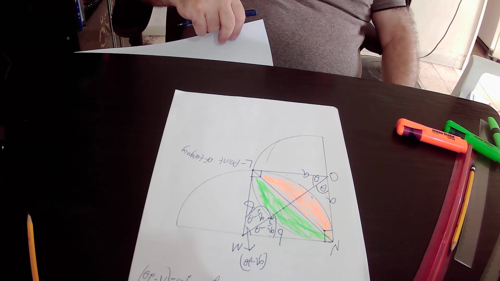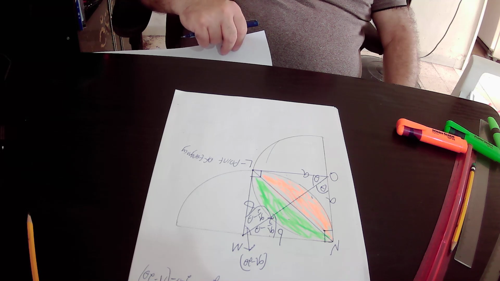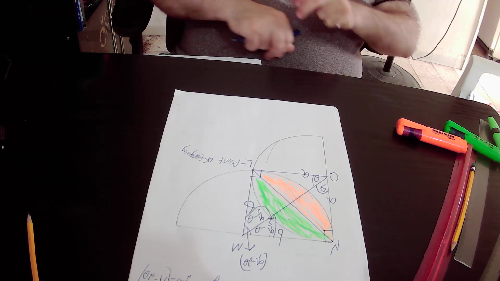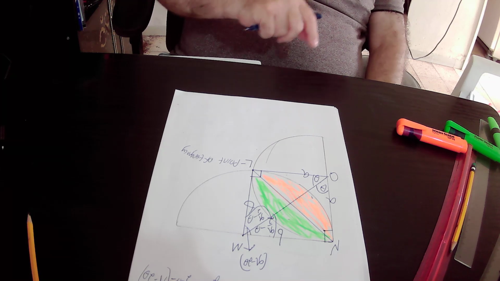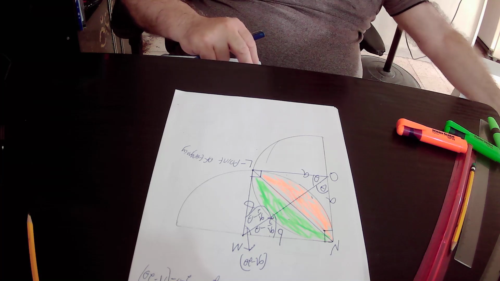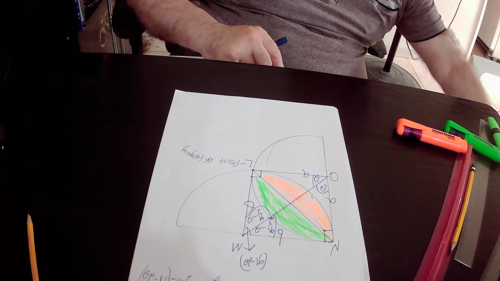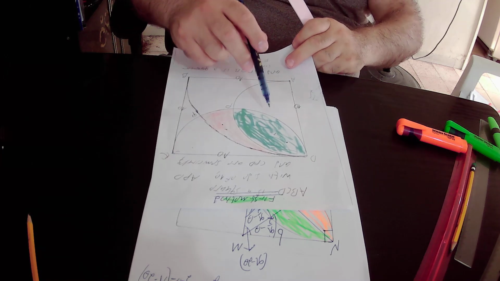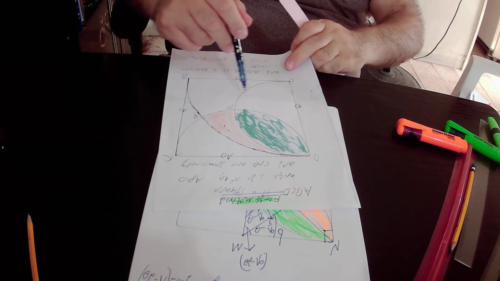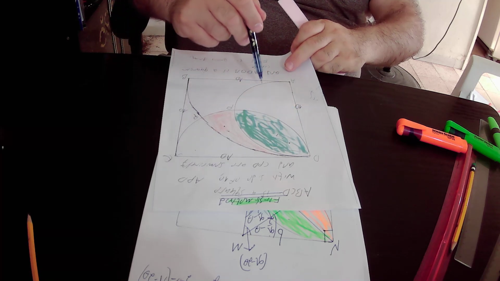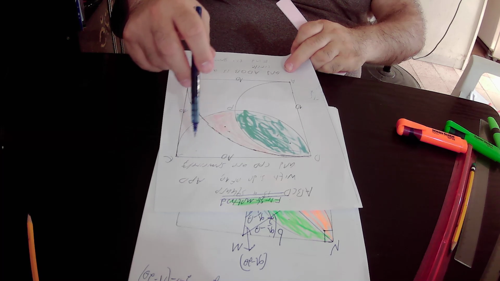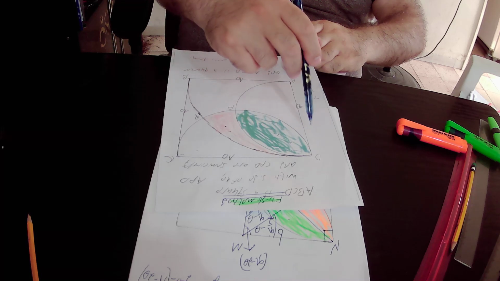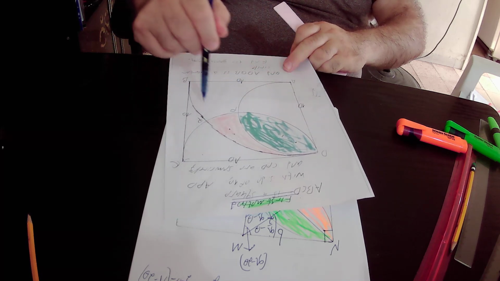And also other lenses that were created by the intersection of two shapes that are perpendicular to each other, exactly like in our drawing. The blue lens is created by the two semicircles that are perpendicular to each other, while the big lens was created by the intersection of this quarter circle with this semicircle.